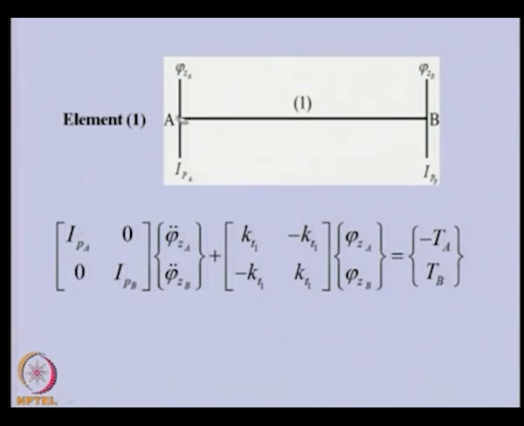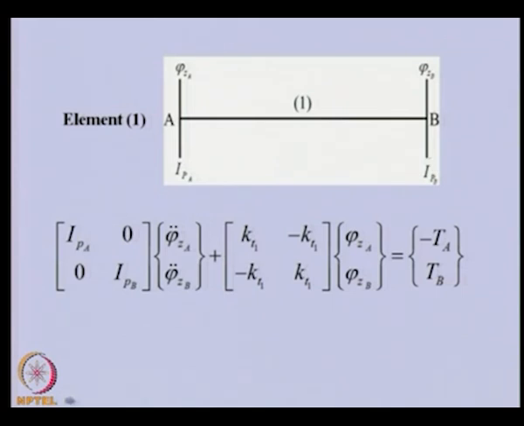You can see these are the lumped masses. Here again we have not considered the inertia of the shaft, only the masses lumped at the ends are considered, so they come on the diagonal, and these are the angular displacements corresponding to nodes A and B, and this is the stiffness of the shaft element 1, and these are the reaction torques at ends A and B.